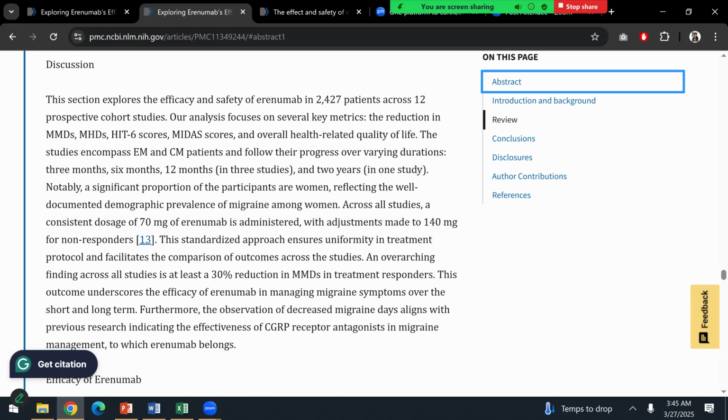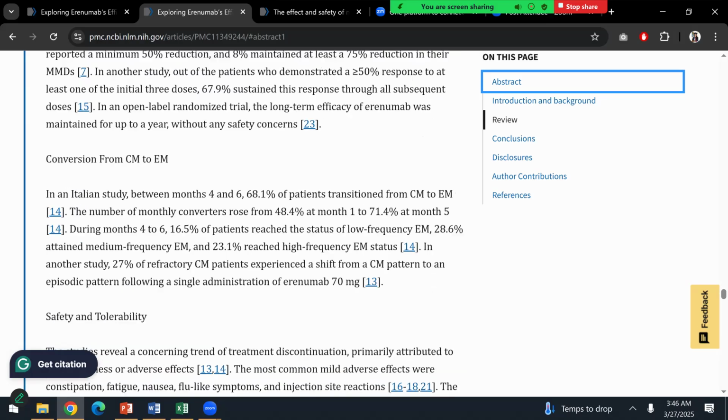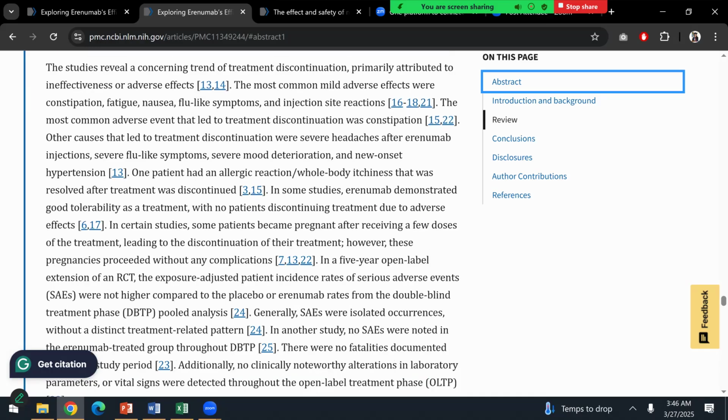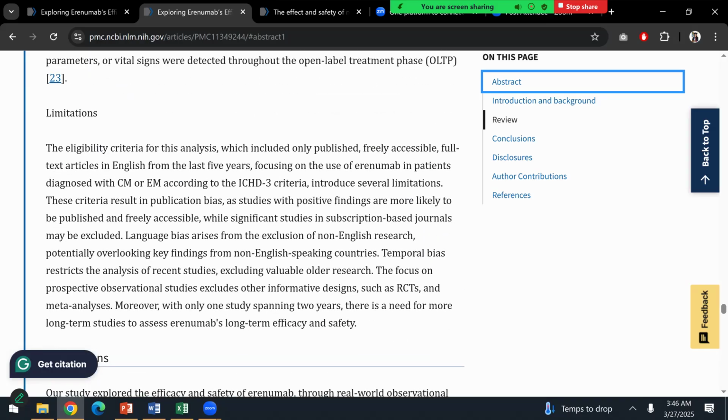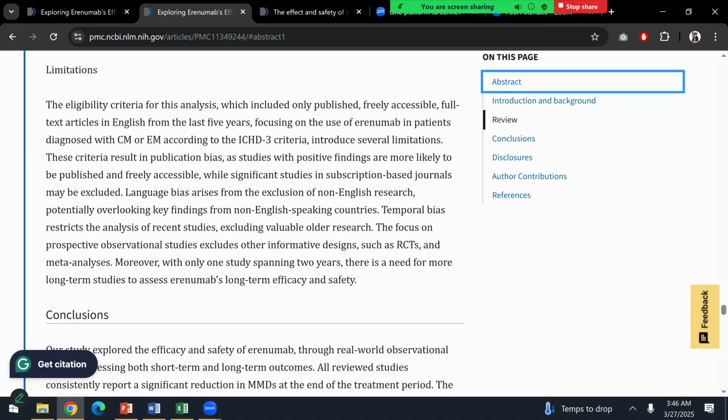So after the introductory paragraph, you would have your subheadings, and this is the discussion section. At the end of discussion, you would have limitations. What limitations your study had. For example, you only included English language articles, you only included freely accessible papers, and you only included RCTs.